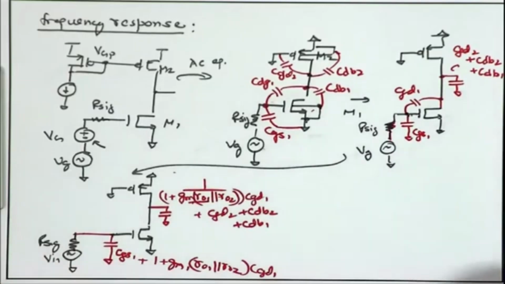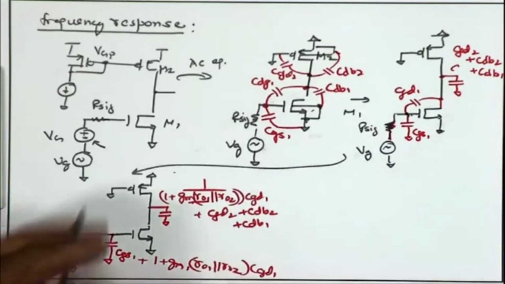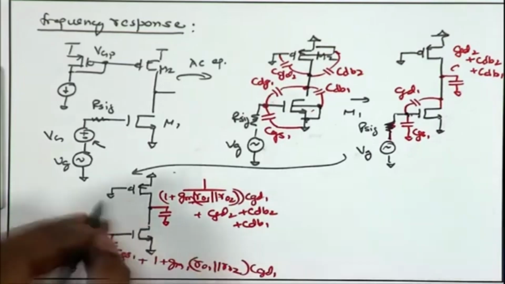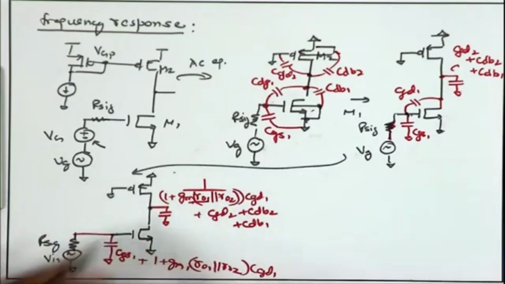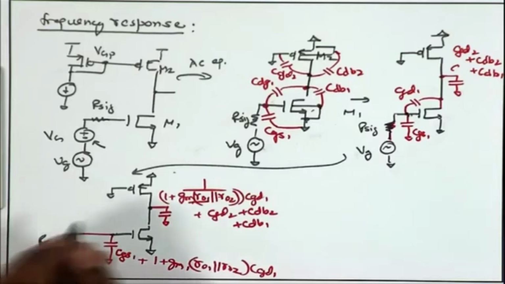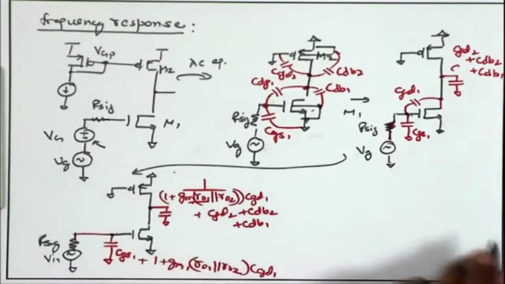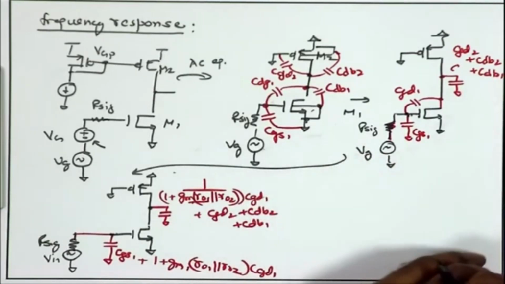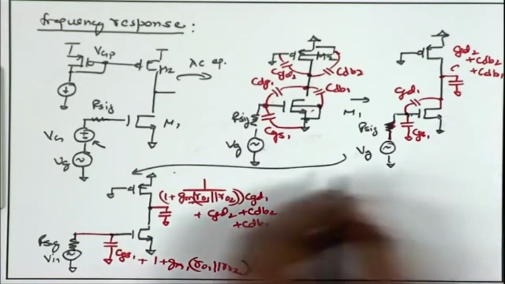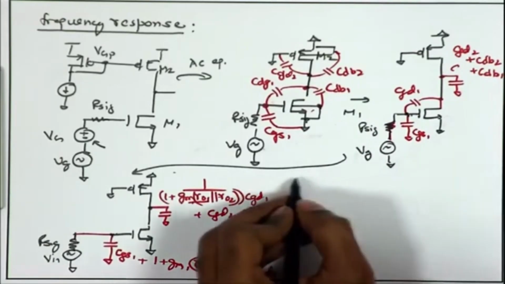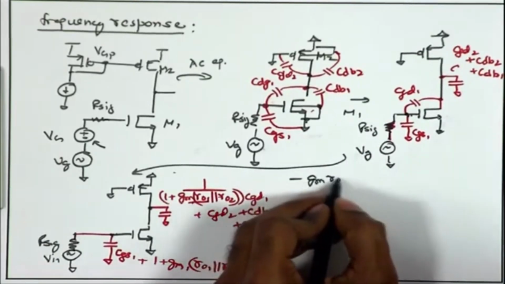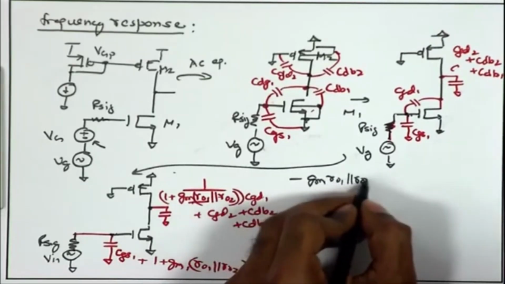And now, the remaining task is to find out the small signal resistance between the two nodes and AC ground. That is going to give me the RC time constant at the first node and the second node, and that is going to give me the two poles. So, remember what we did in the last class: we have the low frequency gain of the amplifier, which is minus GM RO1 parallel RO2.